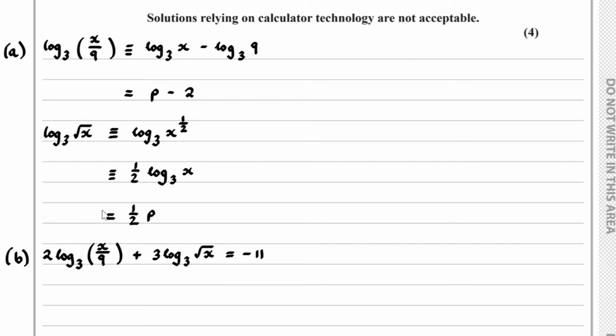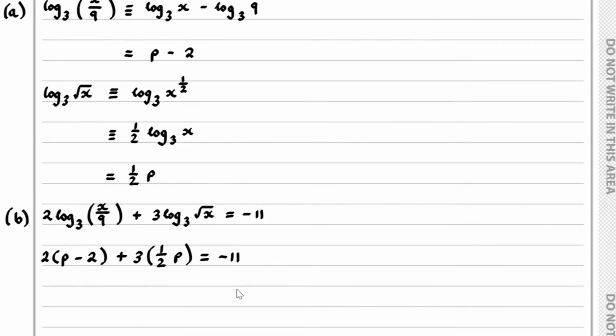Now the result here we worked out previously as p subtract 2, so I've got 2 multiplied by p subtract 2 plus 3 multiplied by log base 3 of root x, which we found previously as 1/2 p, and this is equal to -11.